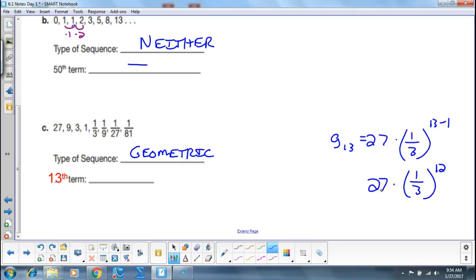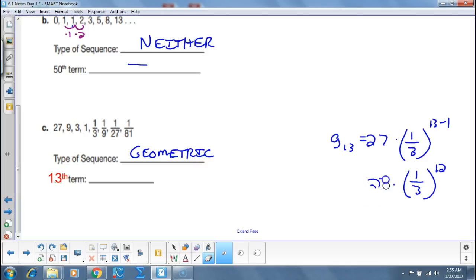Okay. Actually, let me rewrite 27 as 3 cubed. Okay.